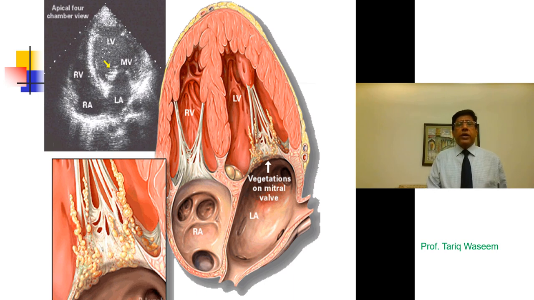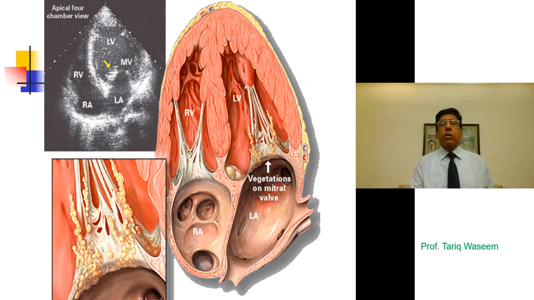This is being shown as the apical four-chamber view, and this is the left side of the heart, the left ventricle. This is the right ventricle, already marked, and this is what we are talking about, vegetation over the anterior leaflet of the mitral valve.